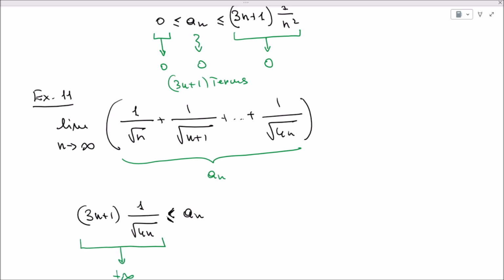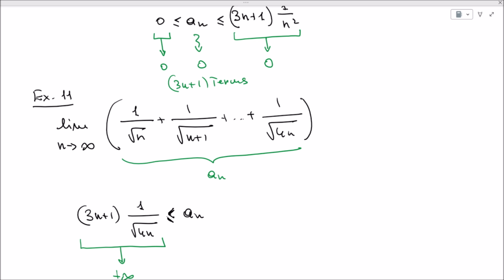Because we see at the numerator a term with degree 1, at the denominator a term with degree 1/2, so clearly the power wins at the numerator, so this will diverge to plus infinity, and this will push, by the squeeze theorem, an to diverge as well to plus infinity. Okay, so this is another example, and let me conclude with the final example, an interesting one.